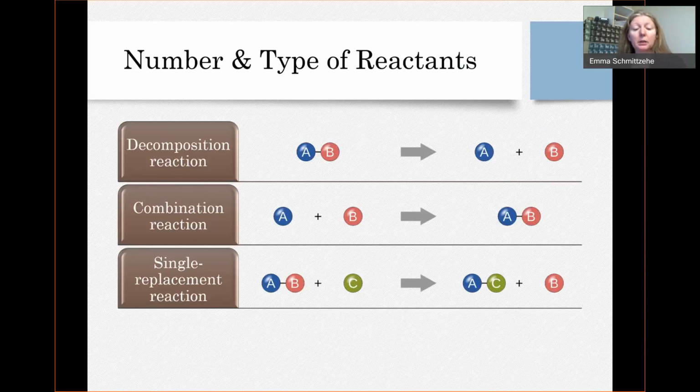Another type would be single replacement reactions. Similar to a combination reaction, we're starting with two substances. But the difference is in a single replacement reaction, you definitely have a compound and an element. So you have one thing that is attached to other things. A compound is made up of multiple elements, whereas the other substance is just one element.